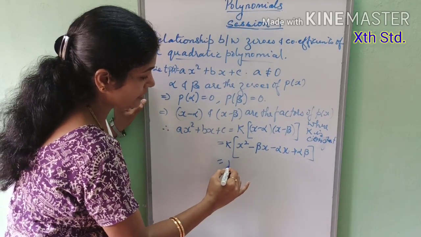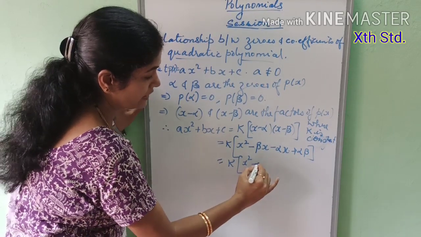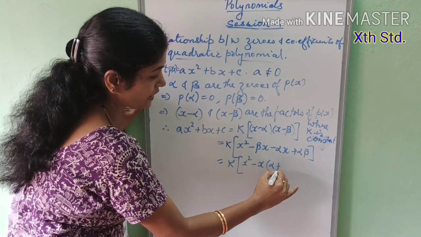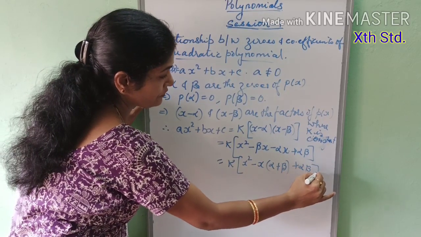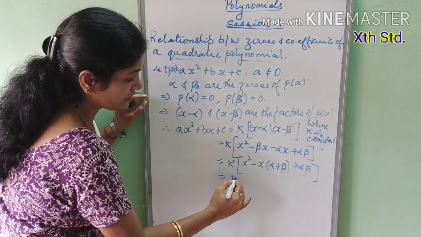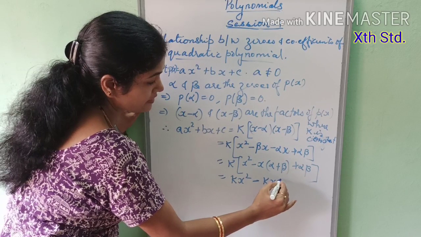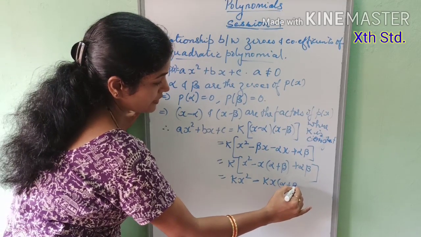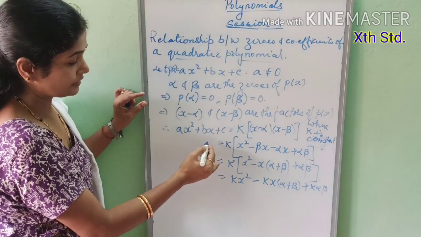Which is k into x square, and we will take out minus x common, so we will get alpha plus beta plus alpha beta. Correct? Now multiply this with k, the entire equation: kx square minus kx into alpha plus beta plus k alpha beta. Correct?